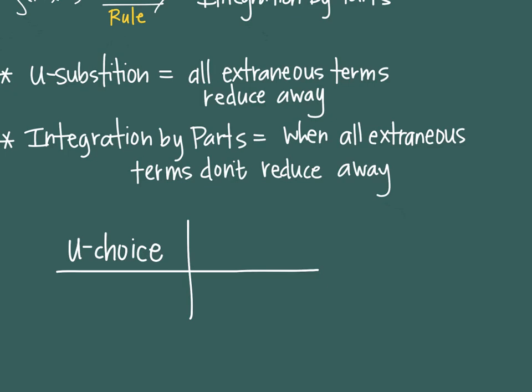Then everything you don't choose for your U, okay, so you have your U choice, and then you're going to have your DU term, just like we had before. That's not new. Everything you didn't choose for your U choice is going to be what's called DV, and that will be everything else.